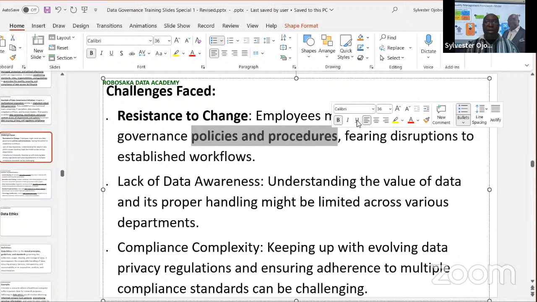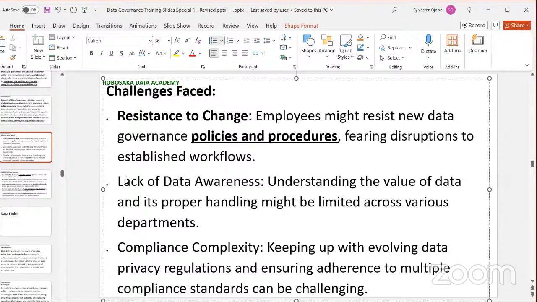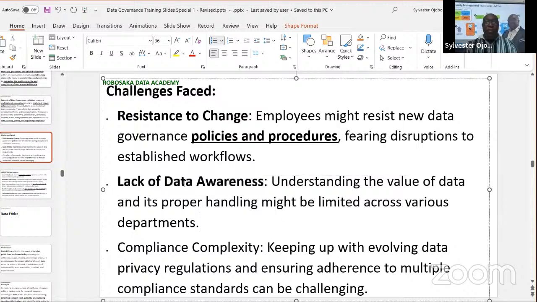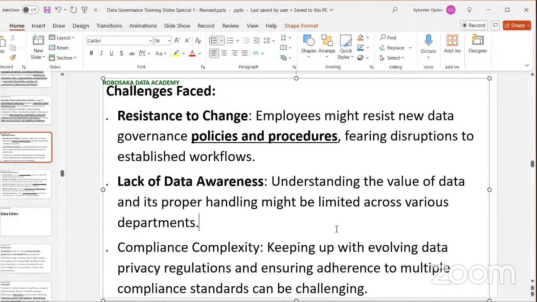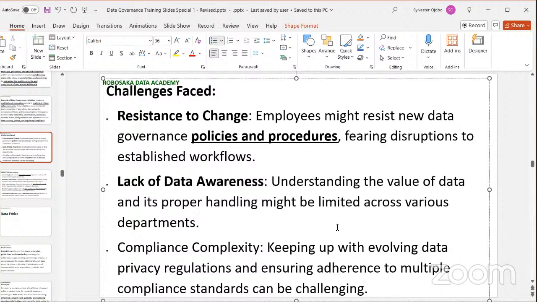Why do you think they will resist it? Because they're already used to what they know. So what will you do to mitigate against it? You have to educate them. In what form? Training, workshops, seminars, presentations.